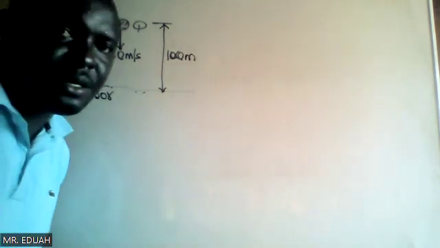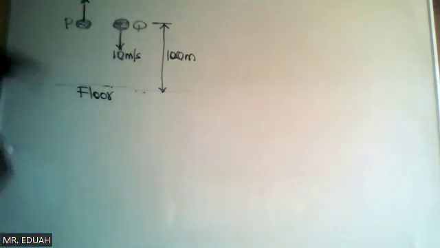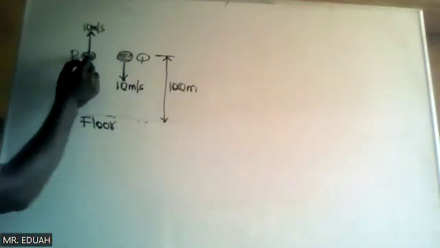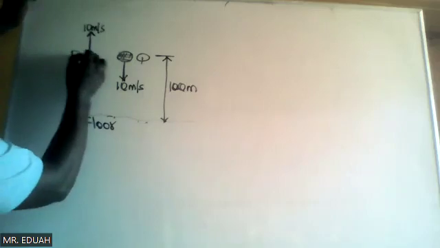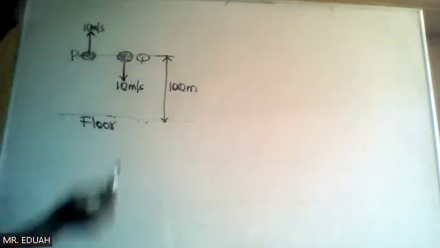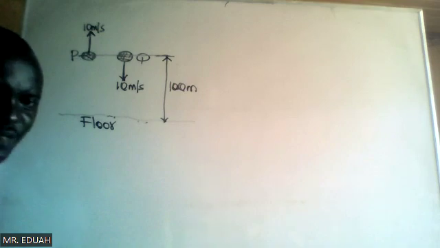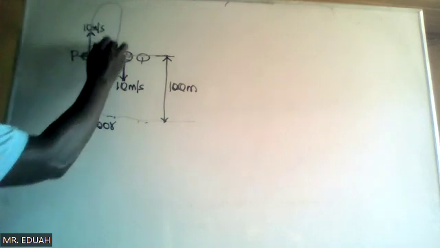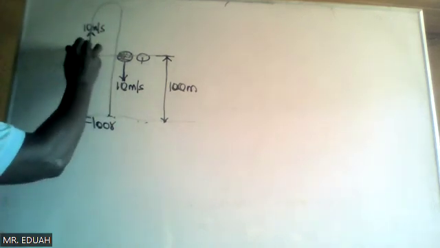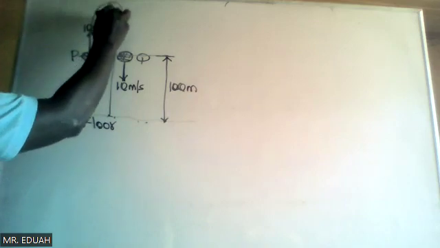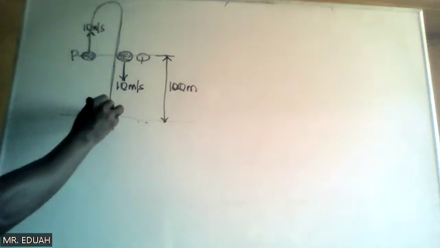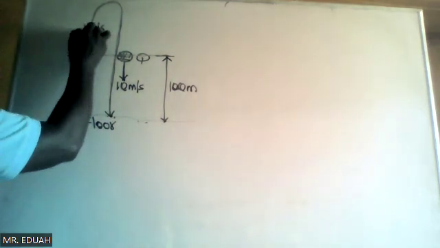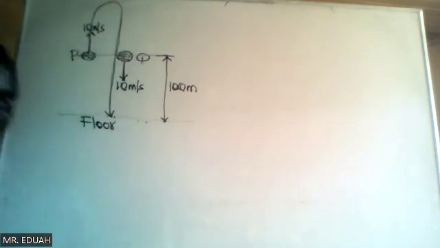Look at what happens for P. P will move from the same level as Q, but because P was initially thrown vertically upwards, it will go up, reach the maximum height, and then drop to the ground. This is the trajectory of P. It is thrown vertically upwards, whereas Q was thrown vertically downwards.